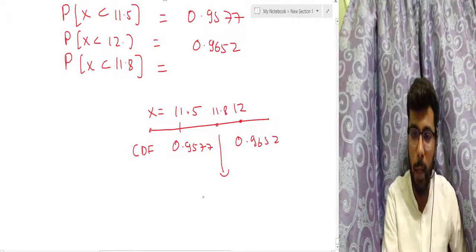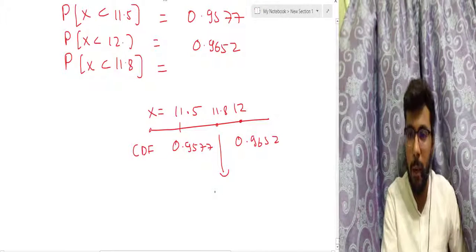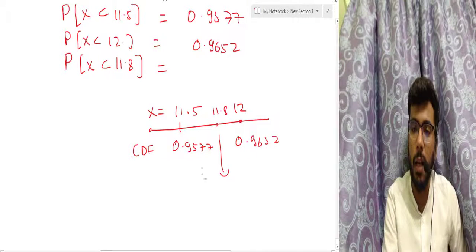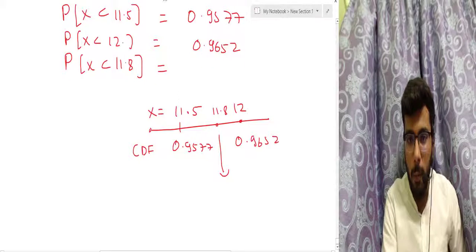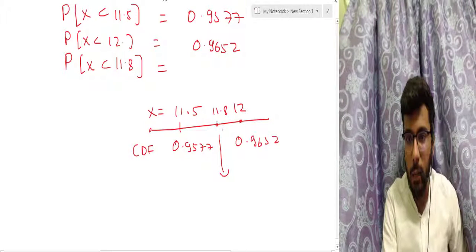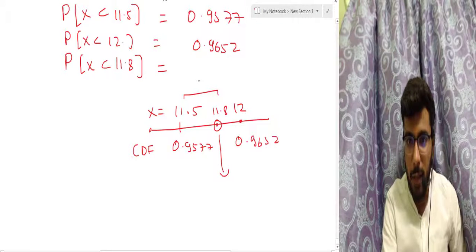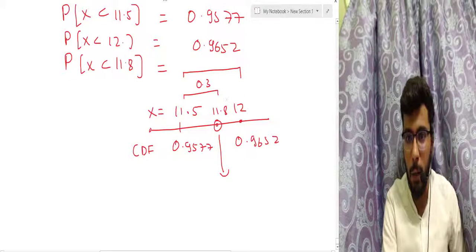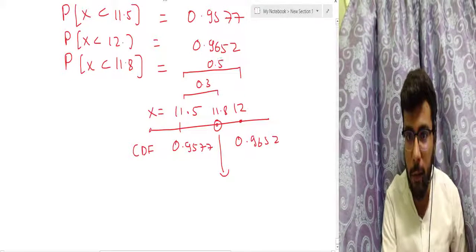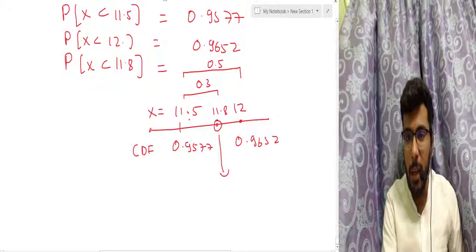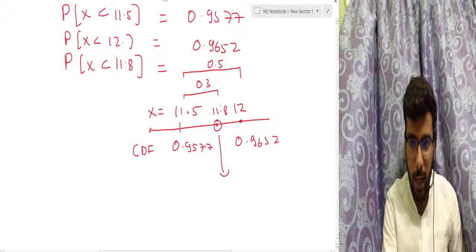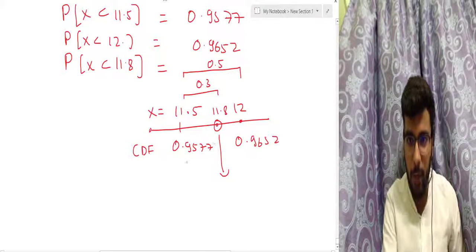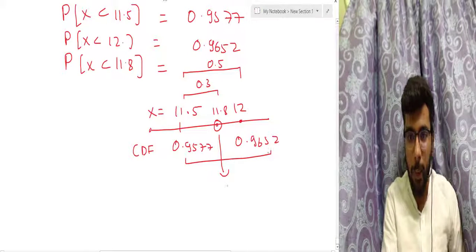Usually people will make you learn the formula, but I don't believe in cramming formulas, so I'll just tell you how to do it. You need to find this value which is in the middle of these two. This is 0.3 ahead of 11.5, and the total distance from 11.5 to 12 is 0.5. So basically you want to go 3 steps ahead out of the total 5 steps of the gap between these two.